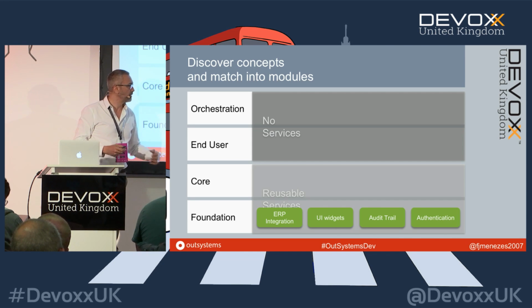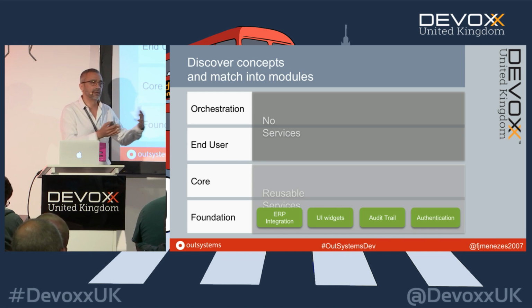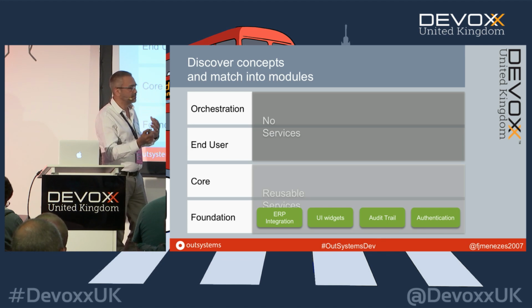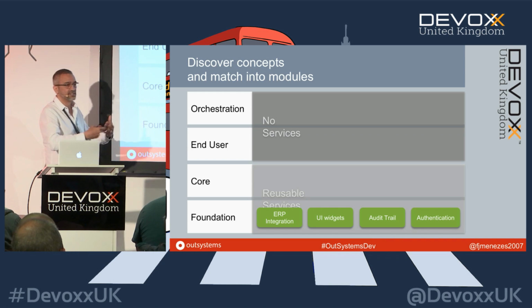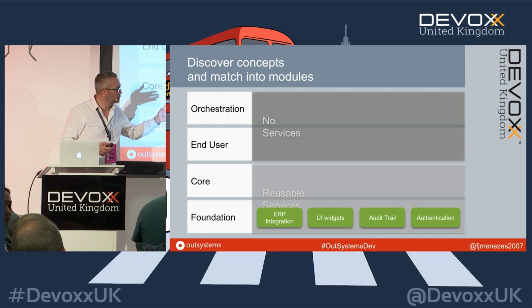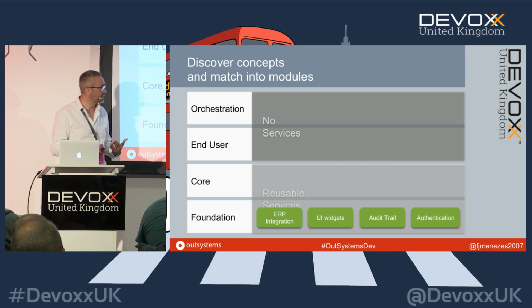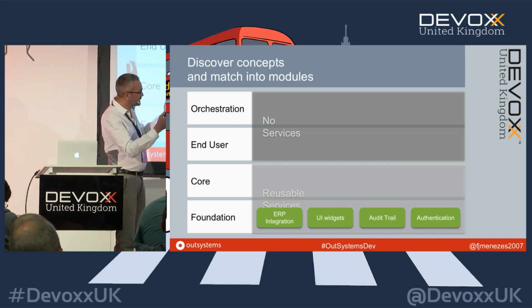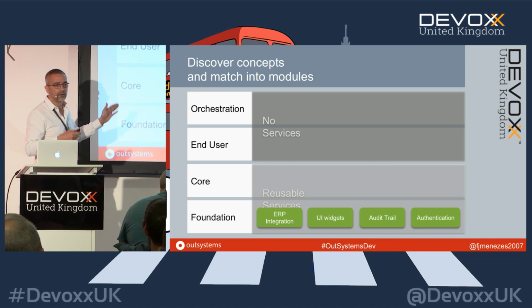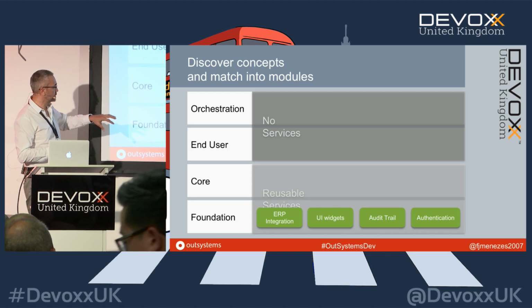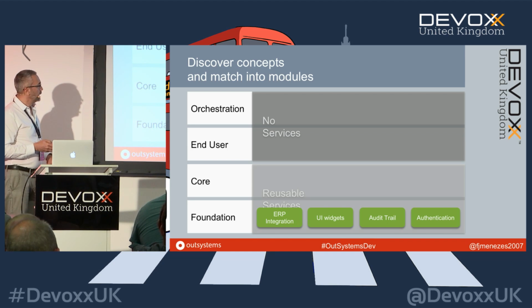Or if you want to provide reusable UI widgets, be it a simple calendar, a progress bar, a complex form, whatever that is reusable, or if you have a non-functional requirement of audit trailing all your user interactions, or you want to support a single sign-on mechanism on all your applications, so on and so forth, you keep adding this on your foundation layer.